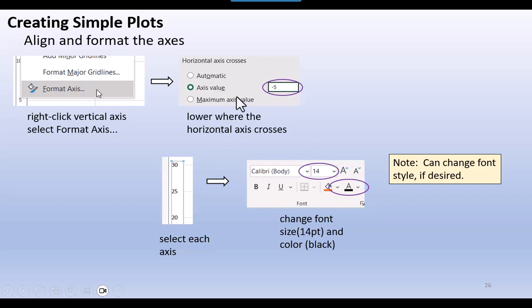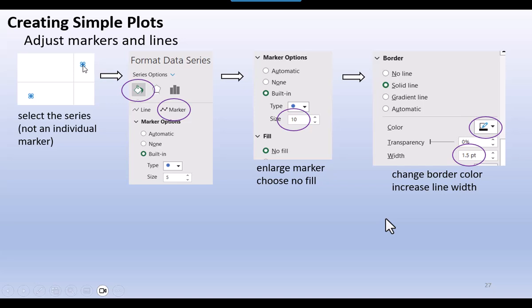And then here is going through and formatting the axis where it crosses, and you can do that for the other axis, the horizontal axis, as to where the vertical axis crosses also. And then how do we go about formatting the axis titles?